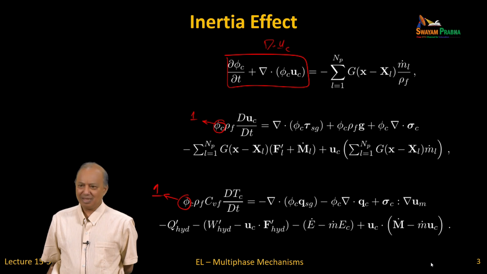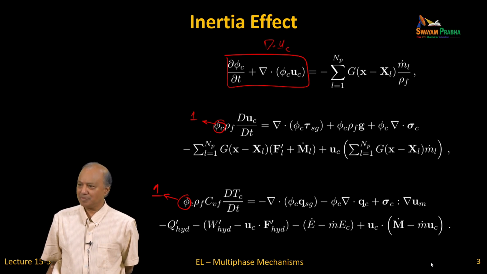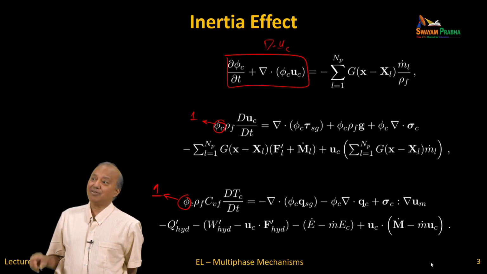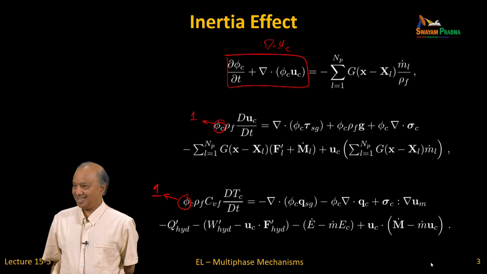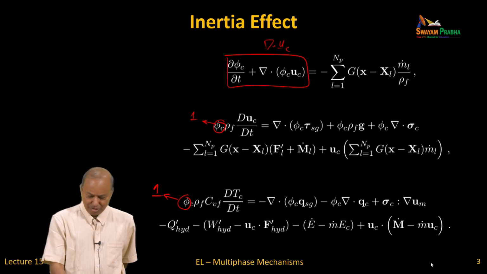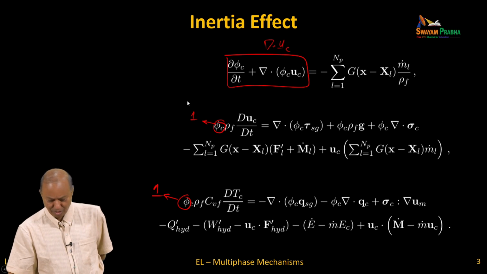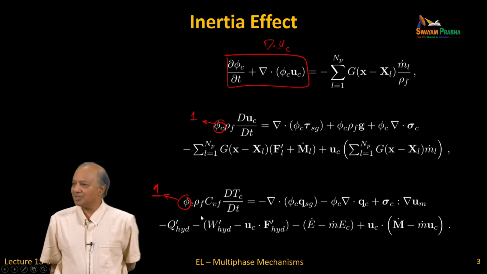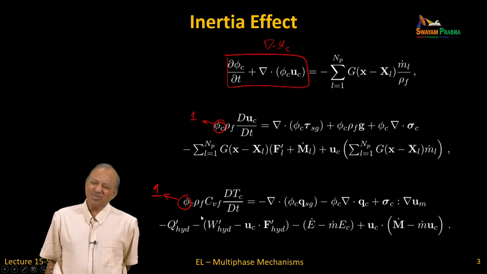Now, non-Boussinesq fluid, you have to take care of rho everywhere. So, here you see this rho f that appears here. In some sense, you can take this to be pretty much a constant. So, in other words, inertia effect is you really don't have to worry.